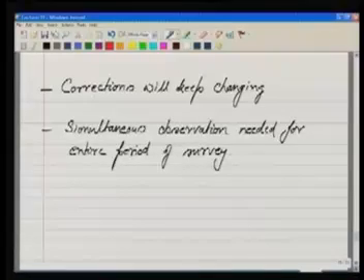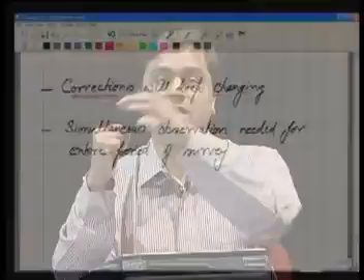Now over here, these corrections will keep changing. Why will they keep changing? Because if my reference receiver is here and the rover receiver is here, the satellites are changing their position. We are taking this observation for half an hour. The satellites are changing their positions.